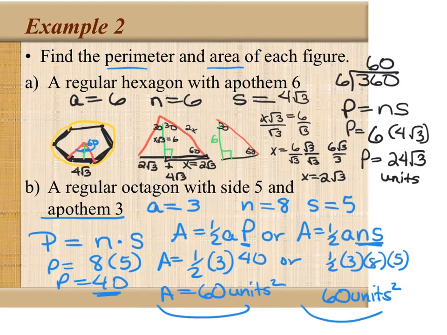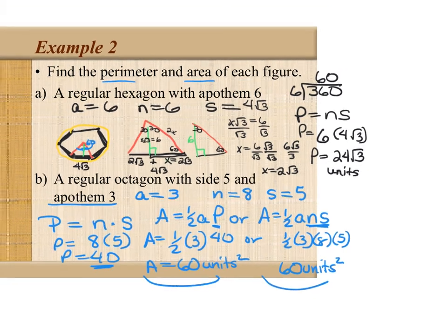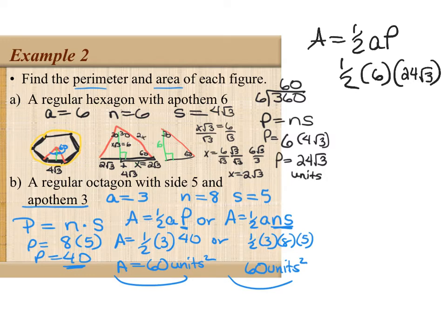To find the area of this hexagon, I'm either going to use the formula area equals 1/2 apothem times perimeter. Because I have my perimeter calculated, that's what I can do here. So 1/2, remember your apothem was given to you, it was 6, and the perimeter is 24 square root 3.